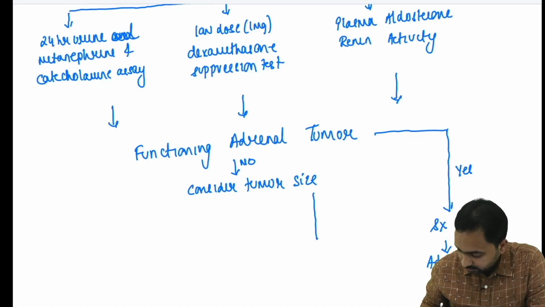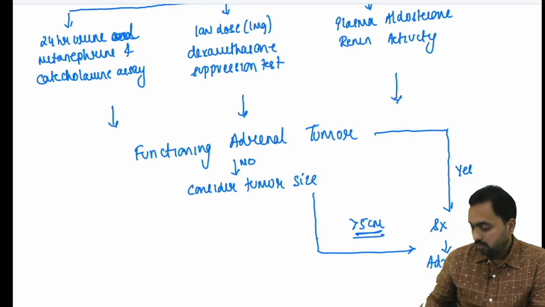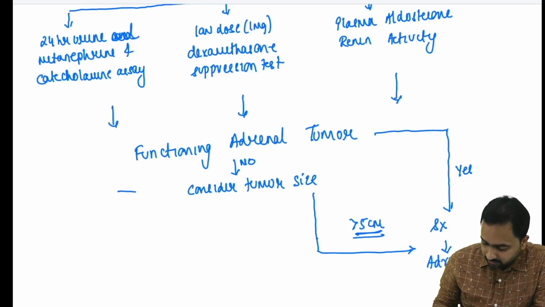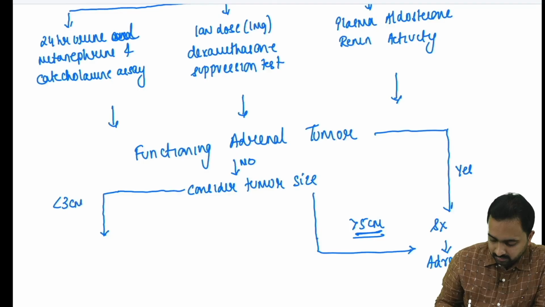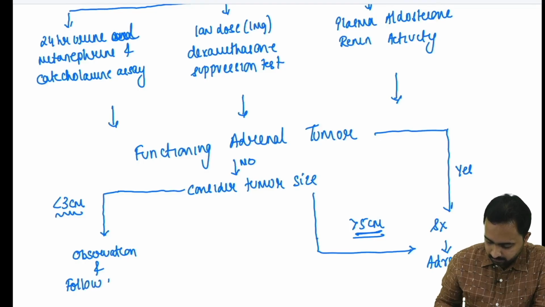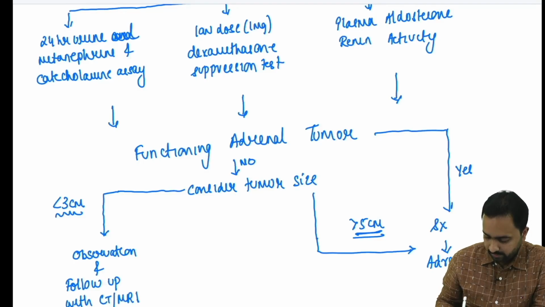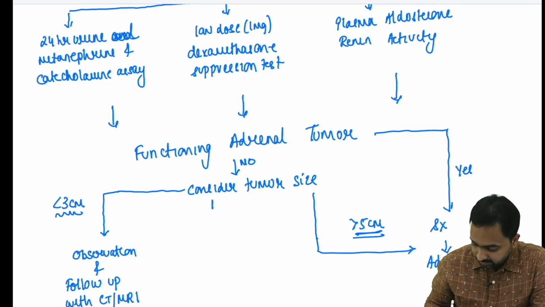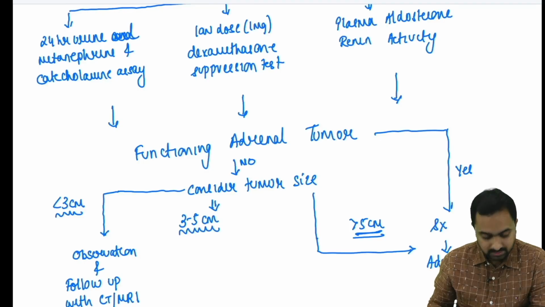If the size is more than 5 centimeter, then we go for surgery. If the tumor is less than 3 centimeter in size, then we basically go for observation and follow up with CT or MRI.